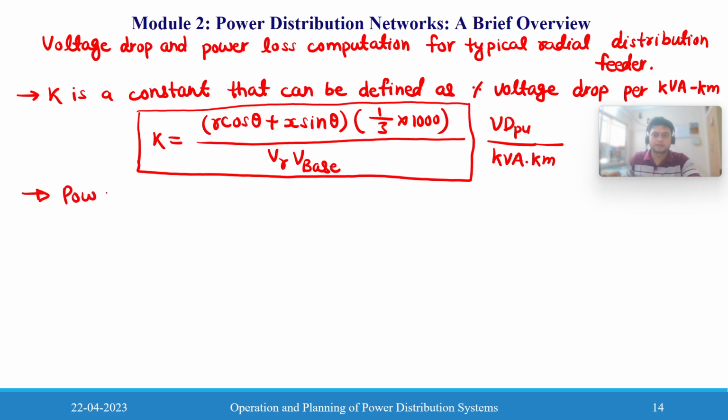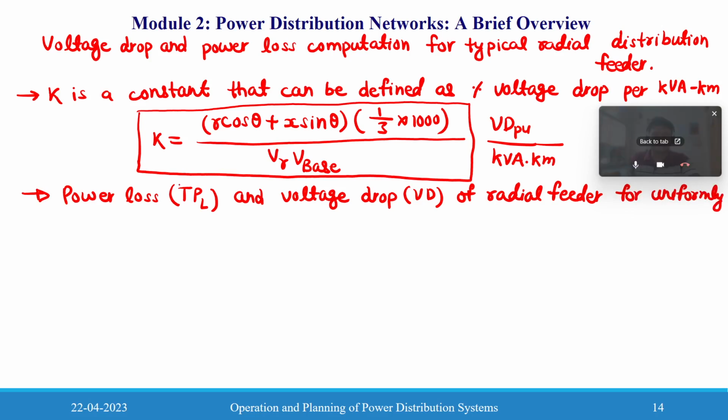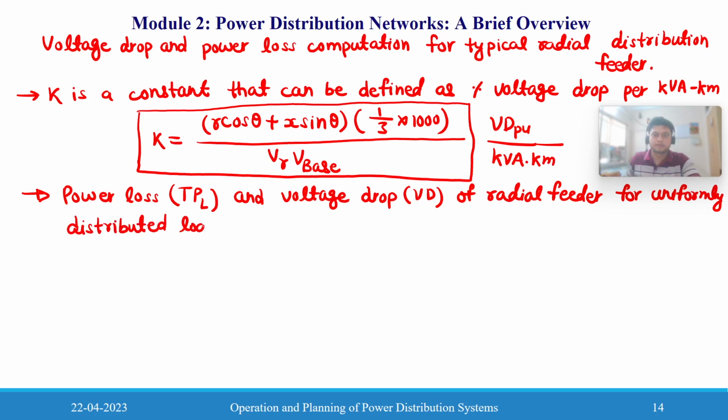Now we write the total power loss and voltage drop of a radial feeder for uniformly distributed load with rectangular service area.